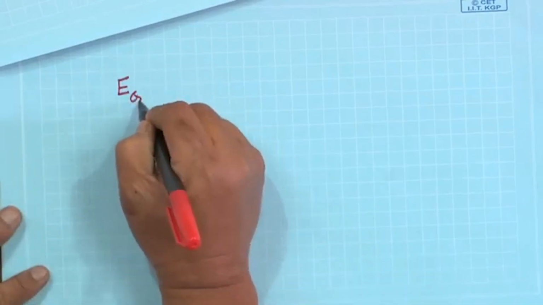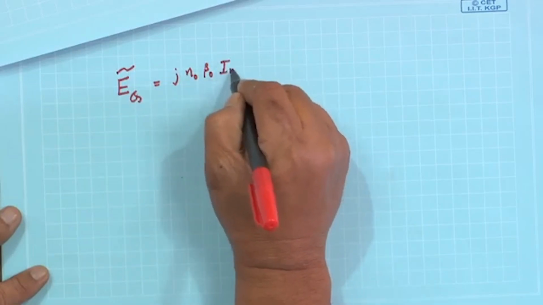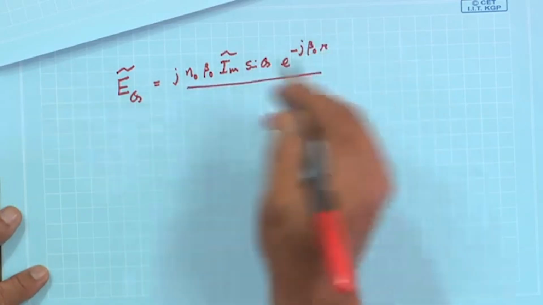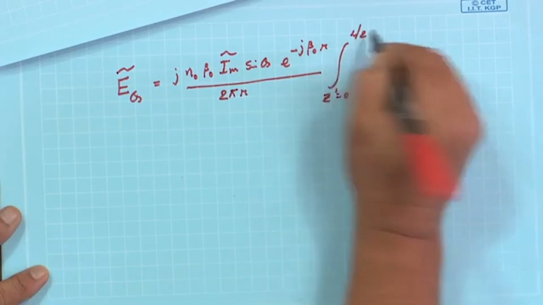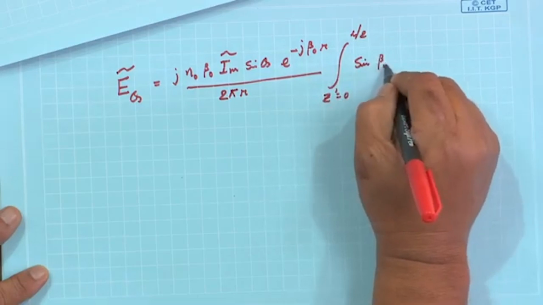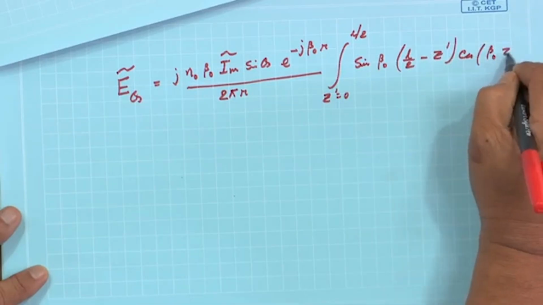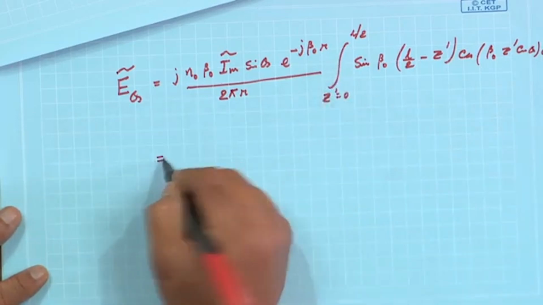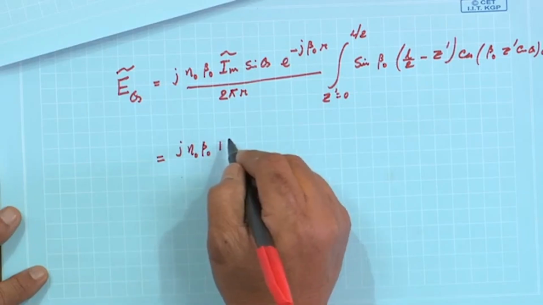So, we can write the total far electric field as j, and if we integrate this, we get beta naught.